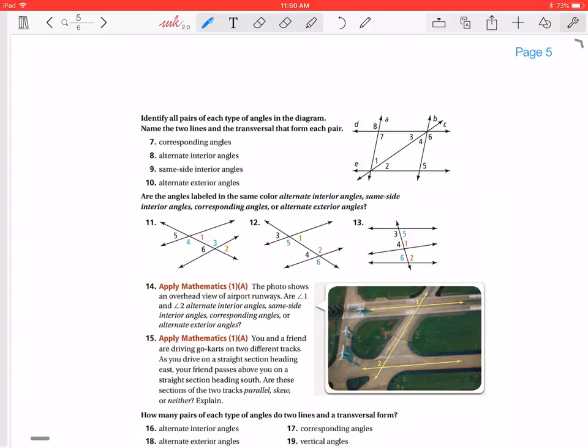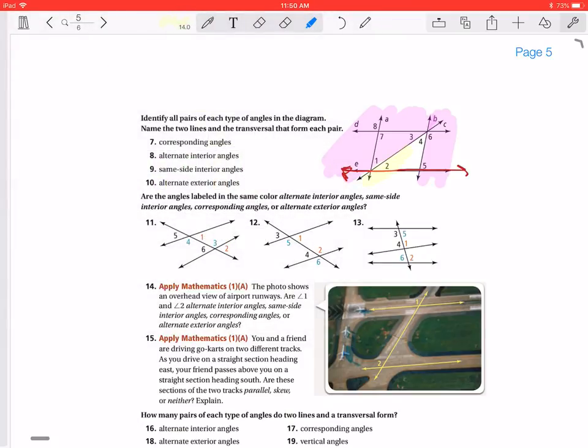All right, let's look at E. E is transversing B and C. Oh, this is going to be difficult to show you with highlighting.